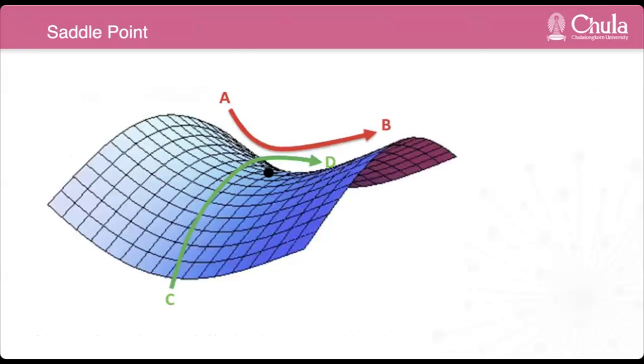The stationary point is here, right? The extreme point is here. We go this direction from C to D. We see that, oh, this point should be a maximum then. However, when we go this direction from A to B, it's a minimum, right? But actually, this point is neither a minimum nor a maximum, okay? Because there's a conflict between 2 directions, okay? Then it is a saddle point.